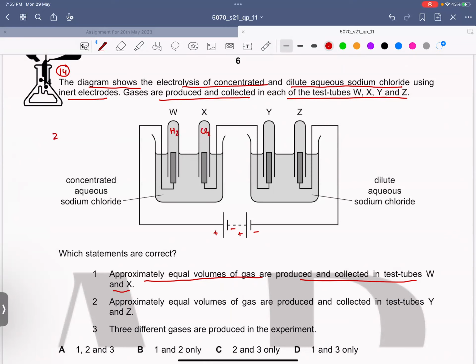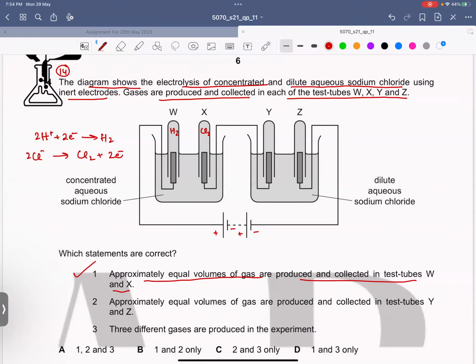If you look at the equation of formation of hydrogen, 2 moles of electrons are being used to form 1 mole of hydrogen gas. In the same way, 2 moles of electrons are being released when 1 mole of chlorine is formed. So yes, the statement is correct because there are equal moles in both half equations, equal moles of electrons, and equal moles of both the elements. So the volume would be equal.